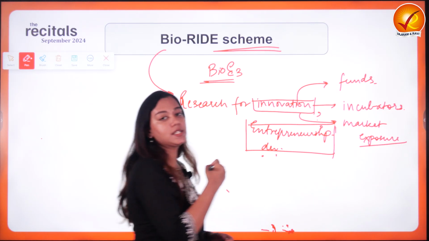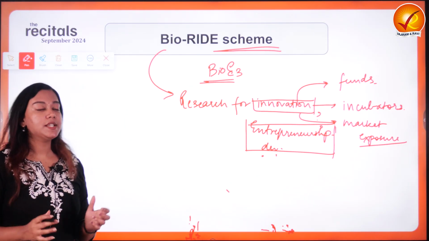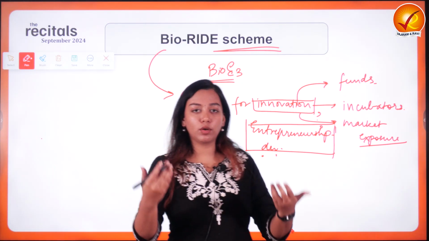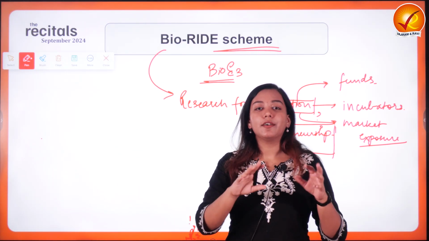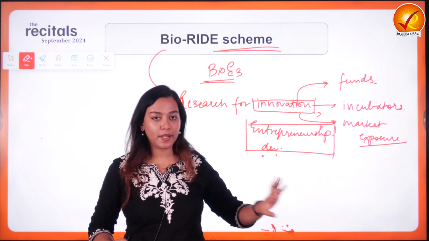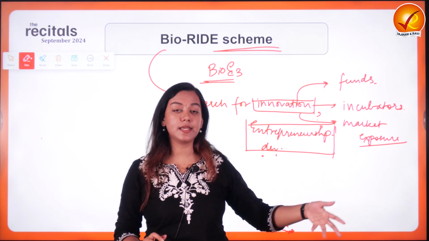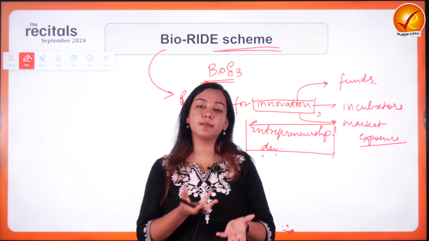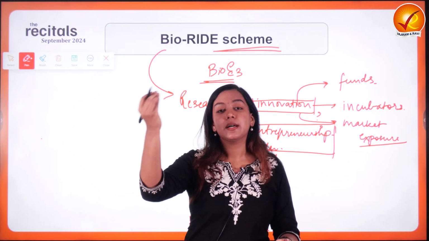Now with the help of this, what are we aiming? Please remember that Government of India has tried to put a lot of impetus in growing biotechnology in India, specifically not restricted just to the field of science or medical science or products regarding the same. We are here to put biotechnology use in different parts of our industries, in the parts of our manufacturing, in the parts of startups. Why?